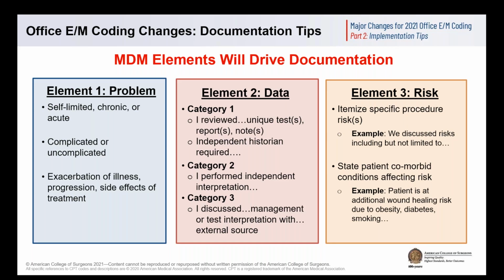Element 3, the risk, is itemizing specific procedure risks, and in some way elaborating on discussing risks that are relative to that patient because they're morbidly obese or have uncontrolled diabetes. You're able to utilize those comorbidities because they are directly affecting the procedure that you are planning to perform for this patient.